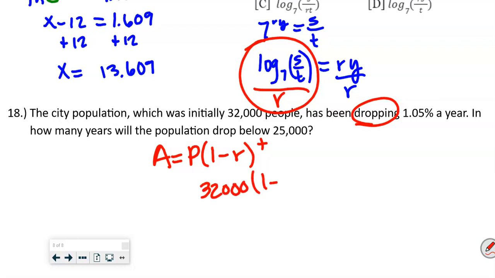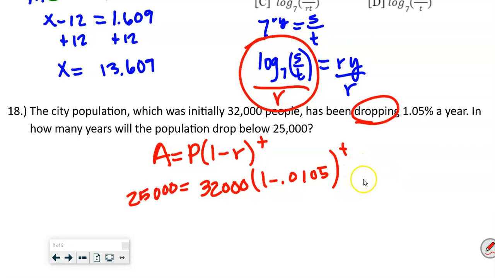And then we're going to do our 1 minus our 0.0105. Remember, you got to divide that by 100 if you don't remember, to the t power, and that is going to equal our final amount, the 25,000. So what do we do next? We divide both sides by 32,000, right? That's our first step. Now you could do what's in the parenthesis first too, but that's up to you.